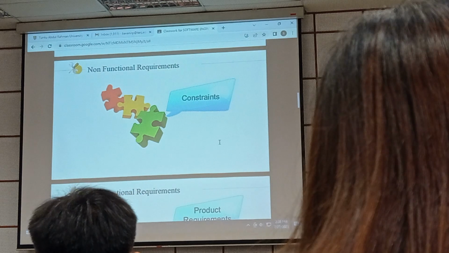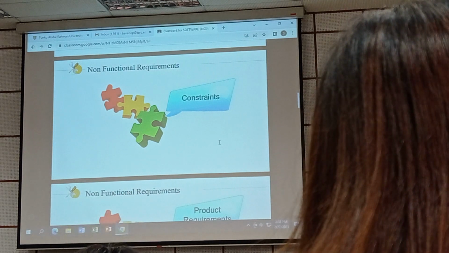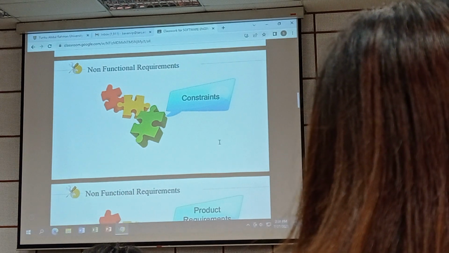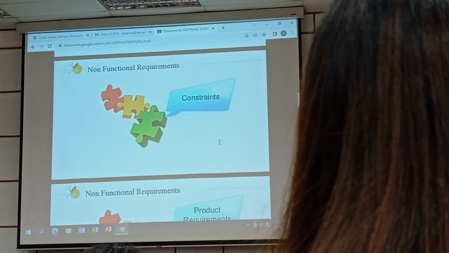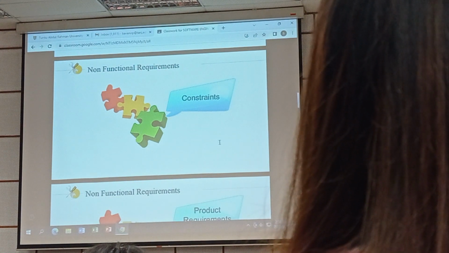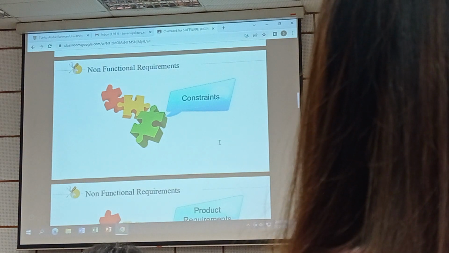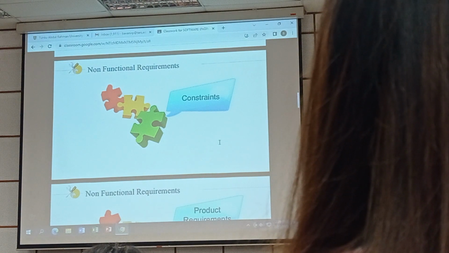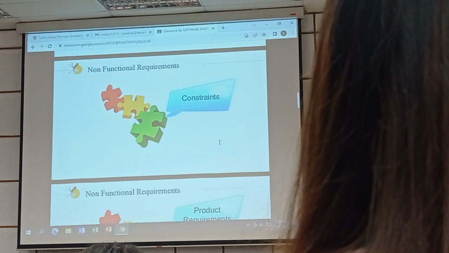Non-functional requirement is very important. In the exam, if people ask you about non-functional requirement, you should not straight away answer availability or efficiency. You read the question first.